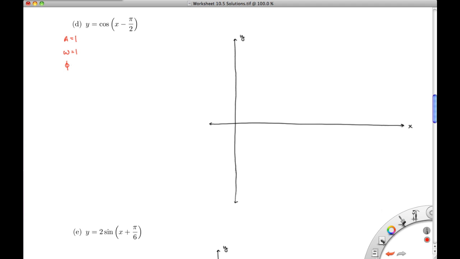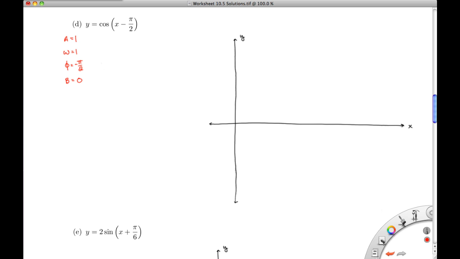Now we've got a phi. Now phi is the number that's being added onto x. So since it's minus pi over 2, we're going to write it as minus pi over 2. And we should know from 1.7 with transformations, when we start subtracting numbers within our function from x, that's going to give us a shift to the right. So we'll see that in a second. And then again, poor b is just left out of here, so that's going to be a 0.